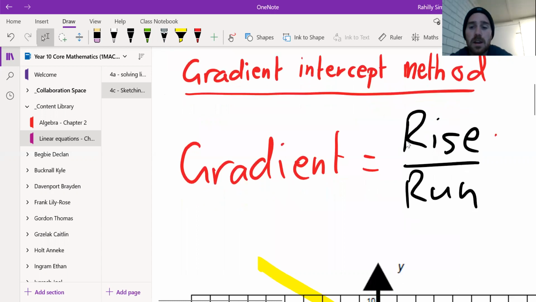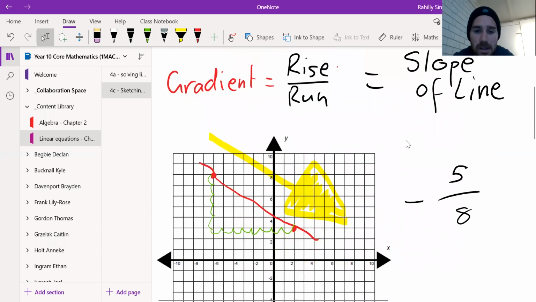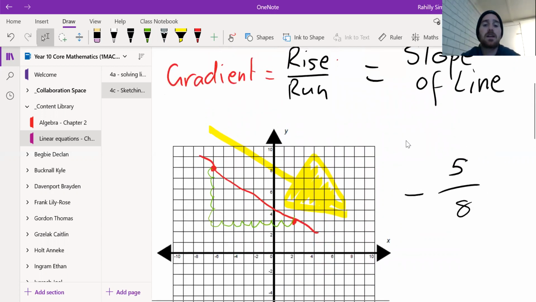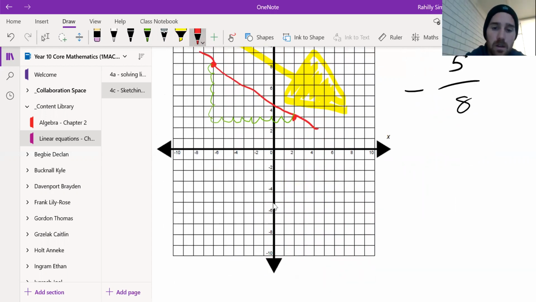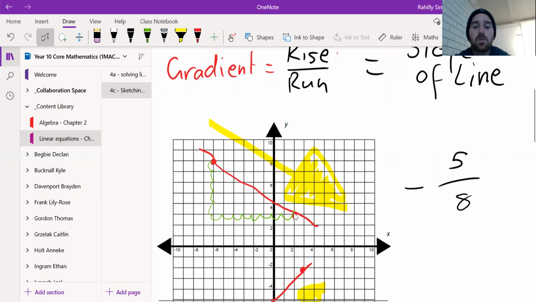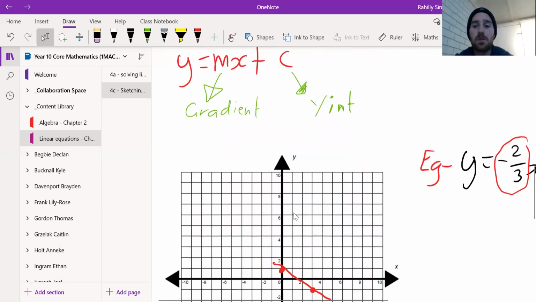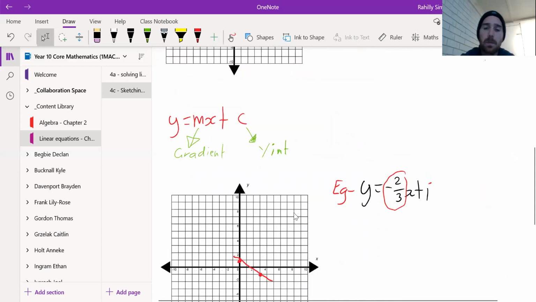Gradient is rise over run, which means the slope of our line. If we're looking at our line left to right and it is going down, like in this example here, it is negative. If your line went upwards from left to right, it's going to be positive. All you need to do is work from your y-intercept when you're looking at y equals mx plus c, and your gradient will be there for you.